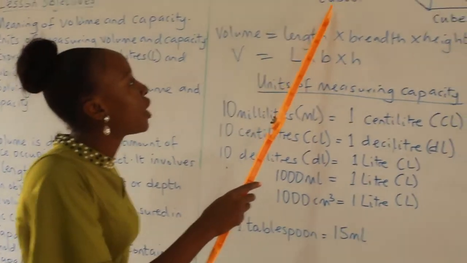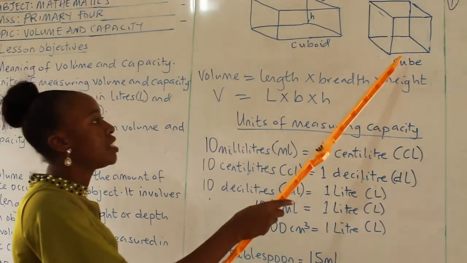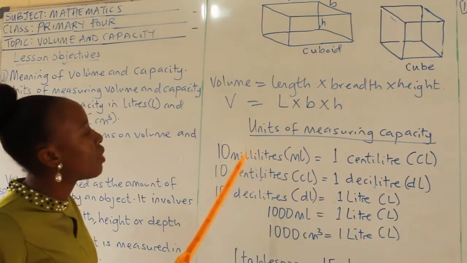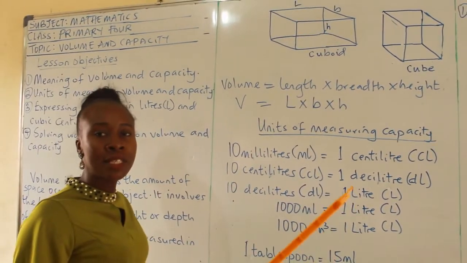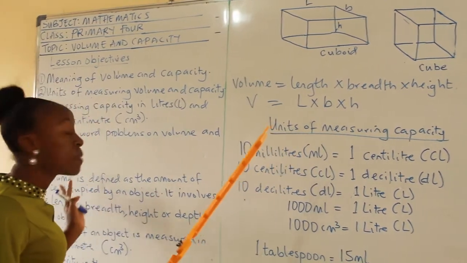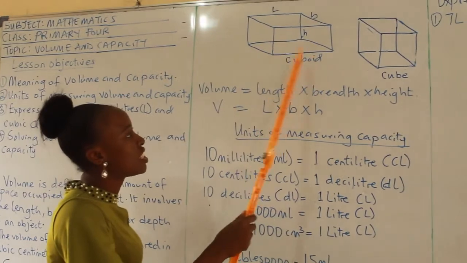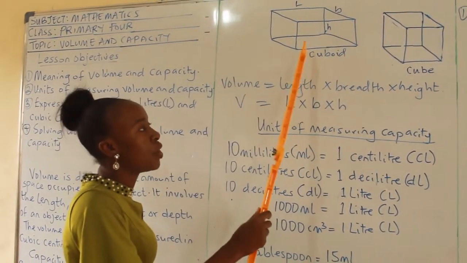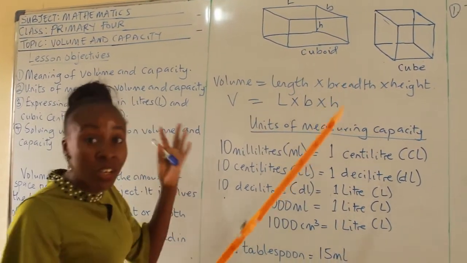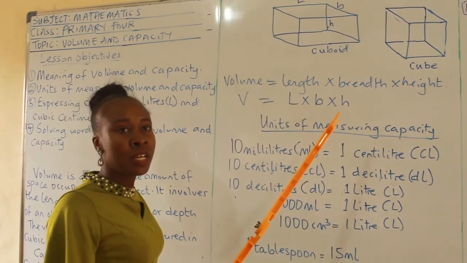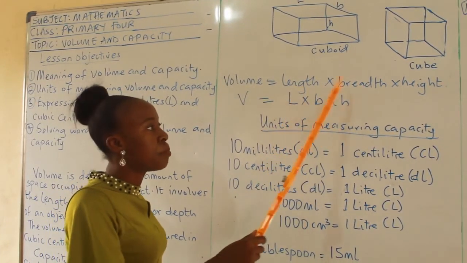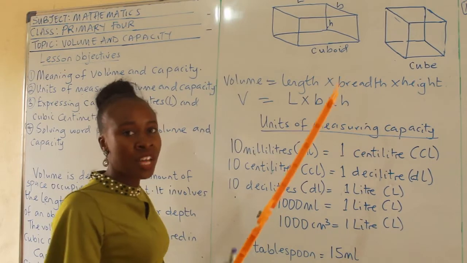This is a cuboid, and this is a cube. Like I said earlier, volume is the amount of space occupied by an object. To measure the volume of these solids, cuboid and cube, and many other solids, we multiply the length, breadth, and height of that solid.